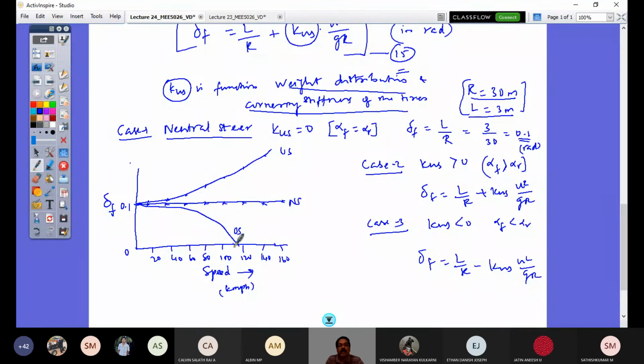What do you mean by that? Can anyone answer? There is a particular speed where this graph crosses this. So I don't require to give any steering to my vehicle, but the vehicle does have yaw motion.